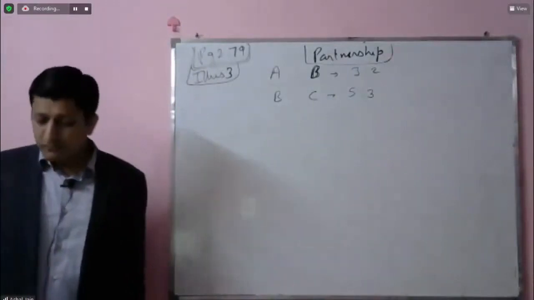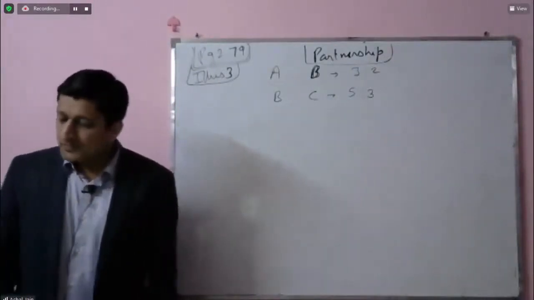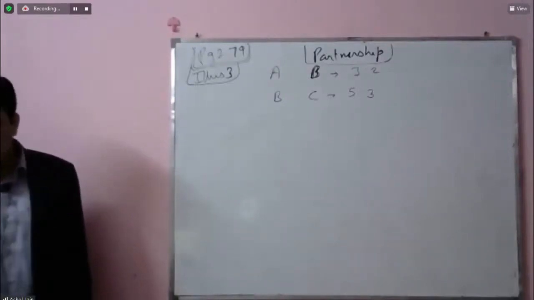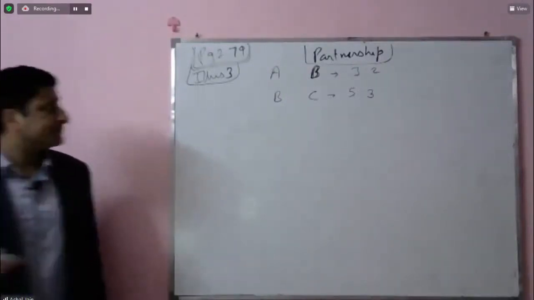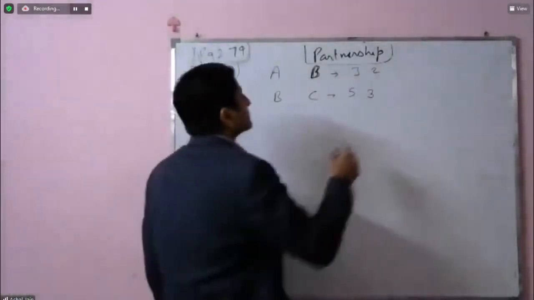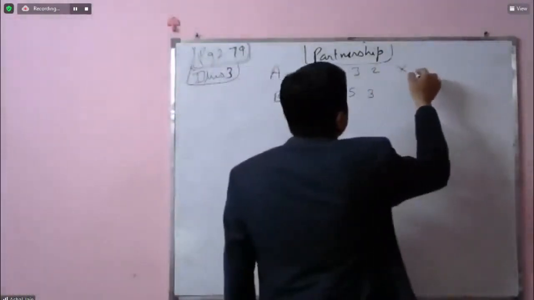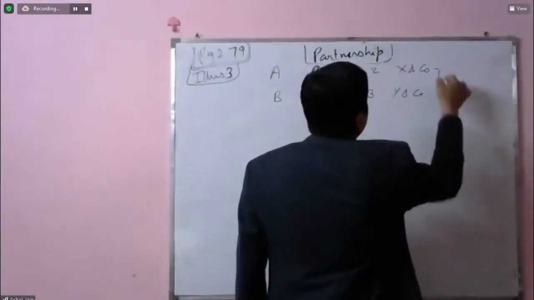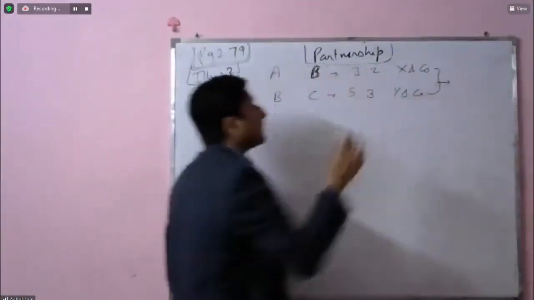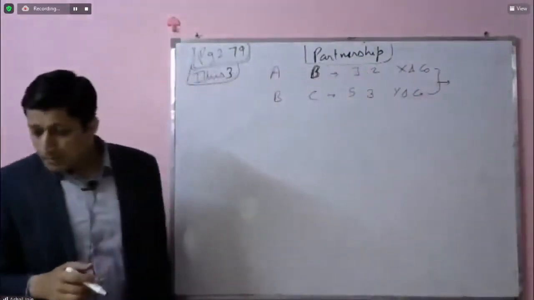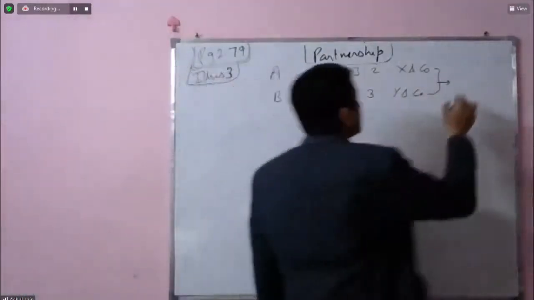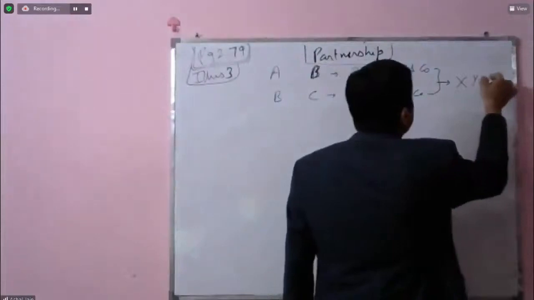On 31st of March X1, it was decided to amalgamate both the firms and to form a new firm. So this is X and company, Y and company, they will be amalgamated, merged to form a new company, X, Y and company.